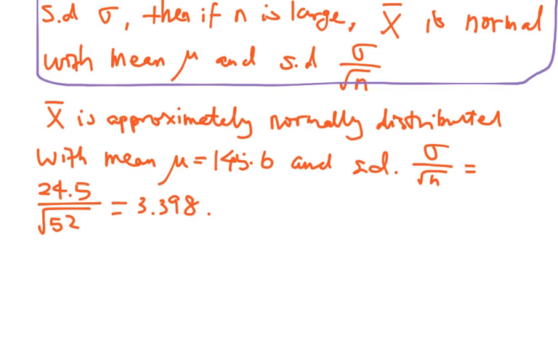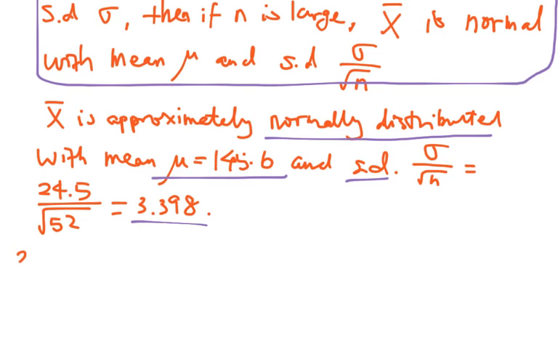Okay, so basically x bar is normally distributed with mean mu equal to 145.6 and a standard deviation of 3.398. Alright, this is the first part.